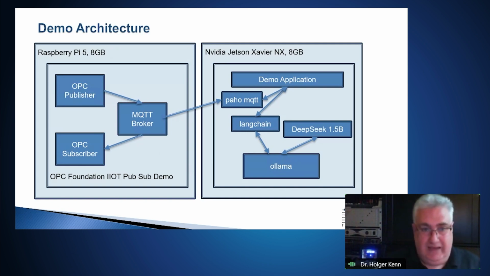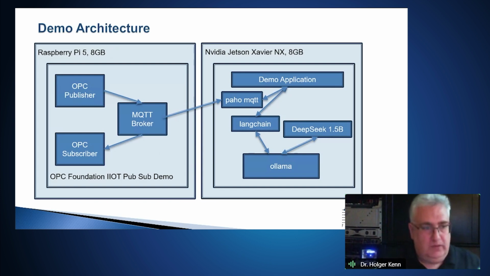And then I've added an AI-capable device to it. So in this case, this is NVIDIA Jetson Xavier. This is clearly not the most recent model. There are much more powerful devices today, but this is kind of what I found on my workbench. And this is all just put together locally. And I just want to run a simple question against the data that comes out of this.